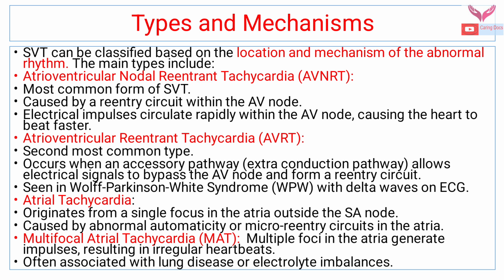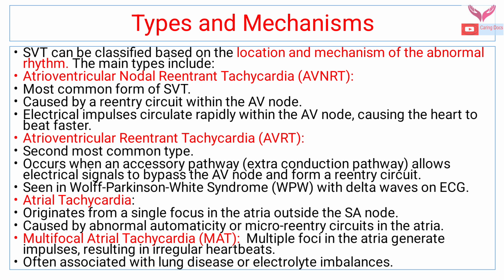The electrical impulses circulate rapidly within the AV node, causing the heart to beat faster. Atrioventricular reentrant tachycardia is the second most common type. It occurs when an accessory pathway, that is an extra conduction pathway, allows electrical signals to bypass the AV node and forms a re-entry circuit. It is seen in Wolff-Parkinson-White syndrome with delta waves in the ECG.